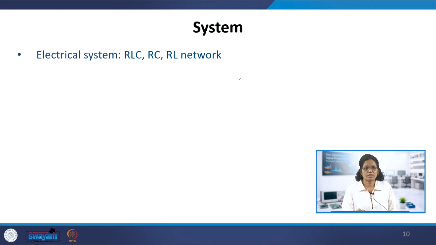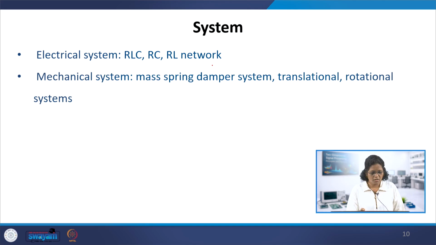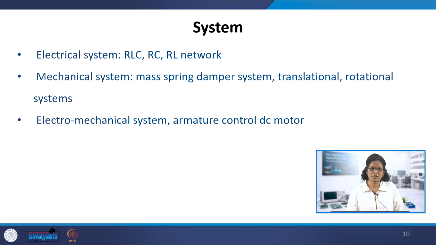If we take examples of systems, for example, RC networks and RLC networks, as used in filter designs, and electrical systems, and also mechanical systems, such as the basic mass spring damper system. Translation systems and rotational systems are a few examples of mechanical systems.